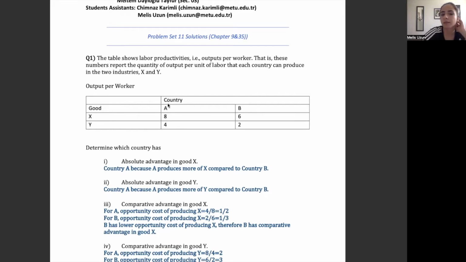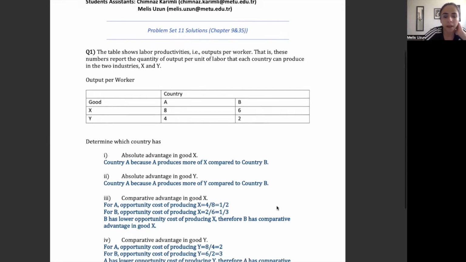Again, because country A produces more Y, it has an absolute advantage in good Y.